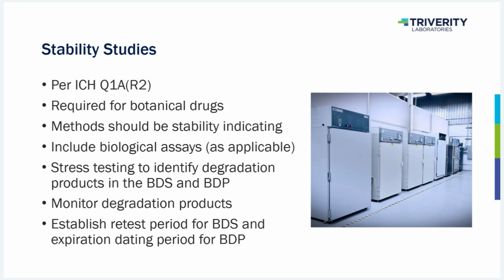We haven't talked a lot about the analytical challenges with developing methods for botanical drugs. I don't have any data outside confidentiality that I can share. So, the methods that we have developed for different customers look at upwards of 100 or 200 different peaks in those chromatograms.